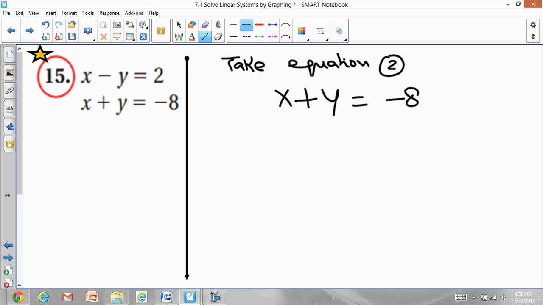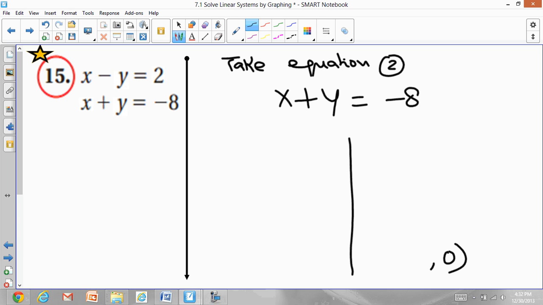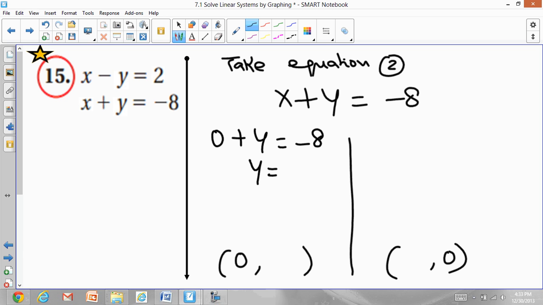Now I'm going to find my x-intercept and my y-intercept. My x-intercept is when my y is 0. My y-intercept is when my x becomes 0. So I'm going to find 2 points using these. I'm going to replace my x as 0. So 0 plus y is equal to negative 8. So y is equal to negative 8.